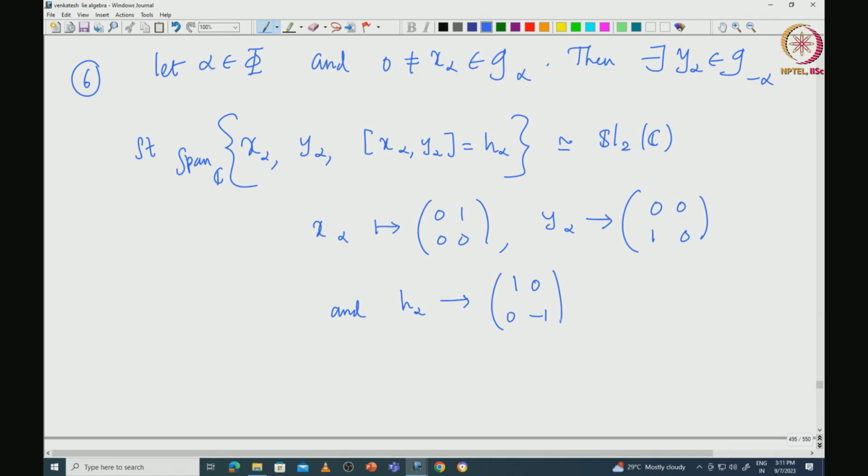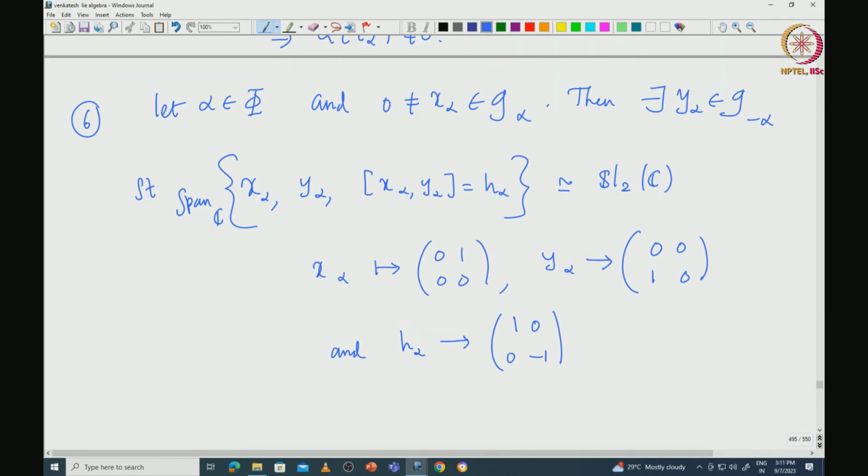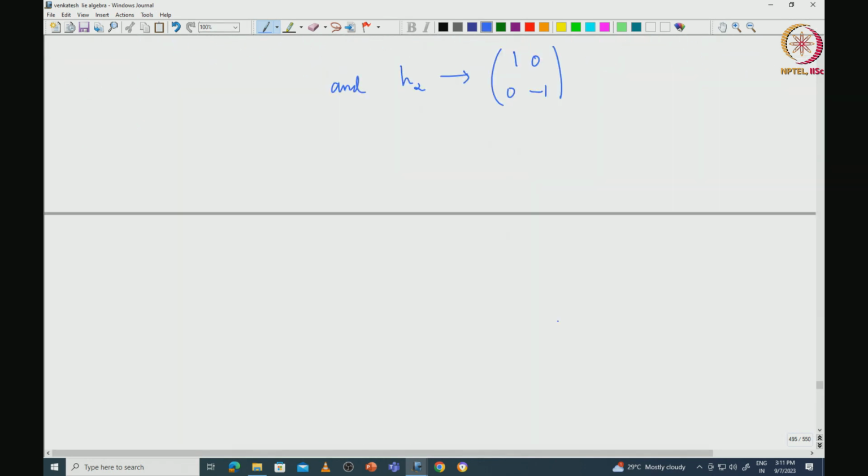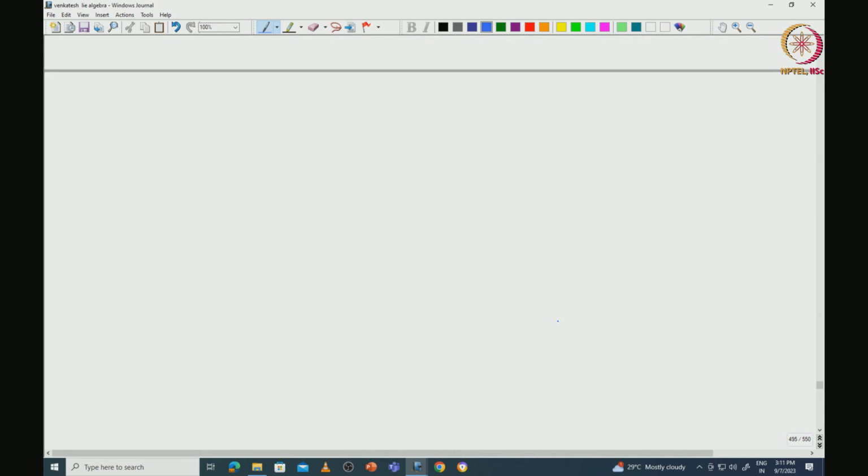So, this is the explicit isomorphism that takes x alpha, y alpha, H alpha to the respective elements in SL2 of C. To prove this we have already done enough work. So, let us just rescale things and then get this SL2 triple.